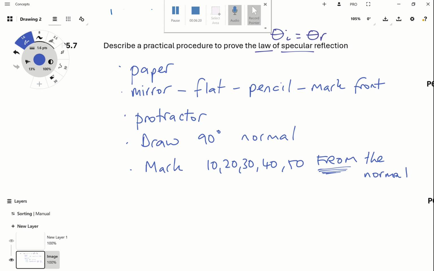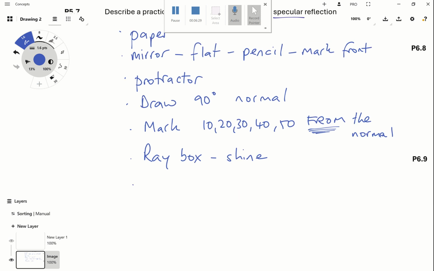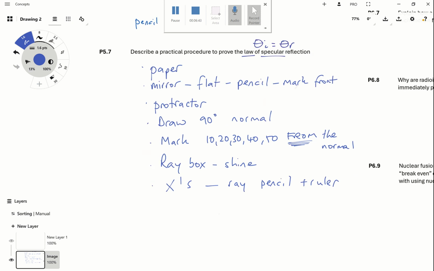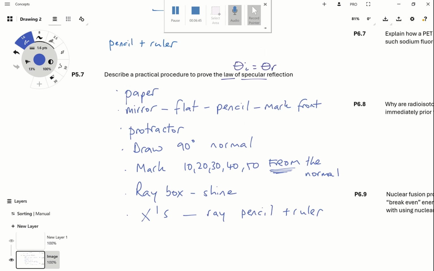So next part now, get a ray box and shine along that path. And the last part, mark the X's along the line because the ray will be on the paper for you, and then draw the ray with a pencil and a ruler. That's it done really roughly. So that helps in terms of light.